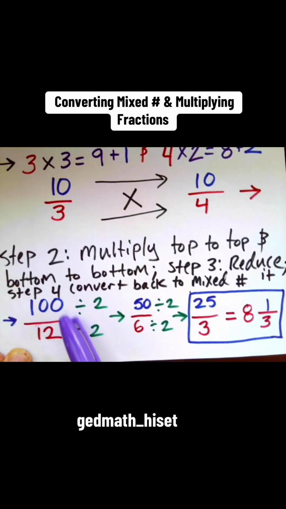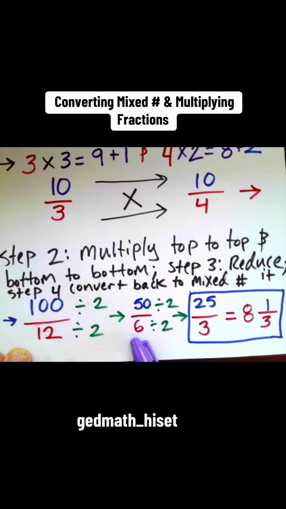So I know 2 will go evenly into top and bottom. There are other numbers, of course, bigger numbers we can use, but I like to show you how you can use the smaller numbers each and every time until it will no longer be reduced. 100 divided by 2 is 50. 12 divided by 2 is 6. Why? Because 50 times 2 is 100, and 6 times 2 is 12.